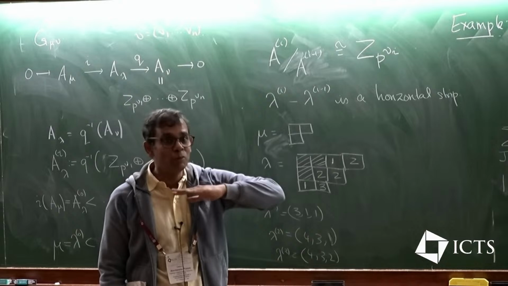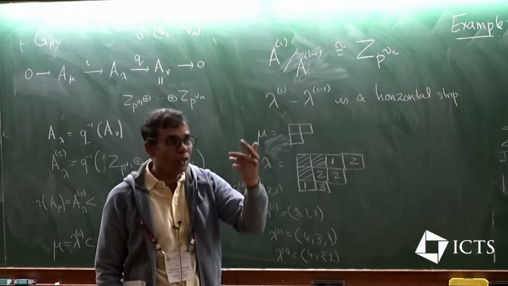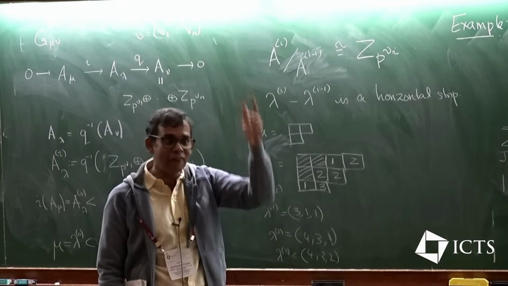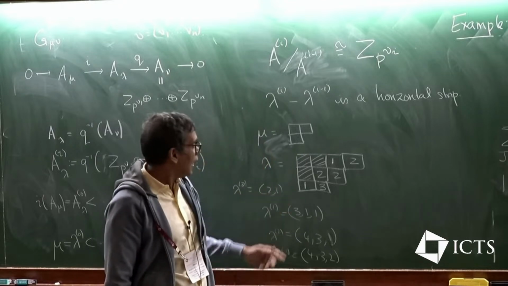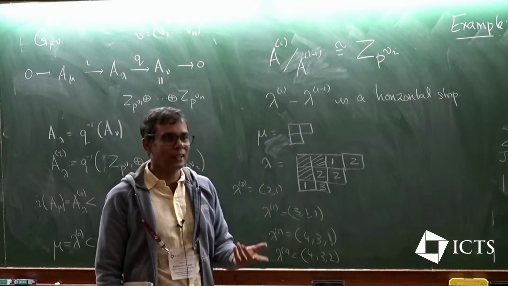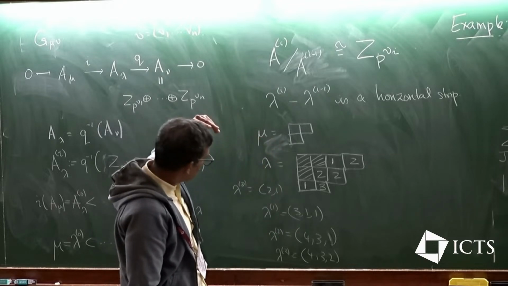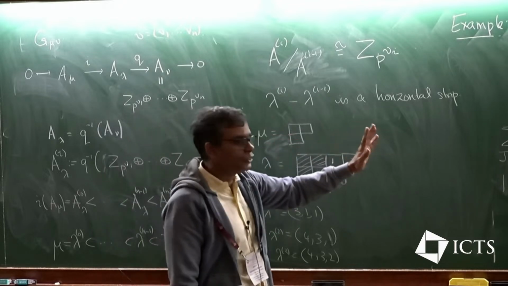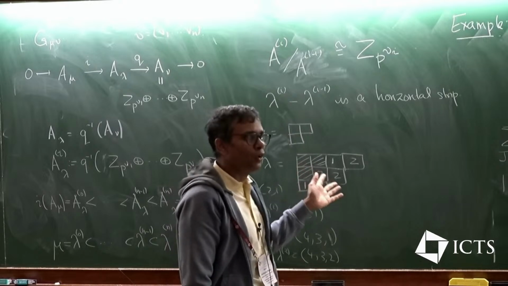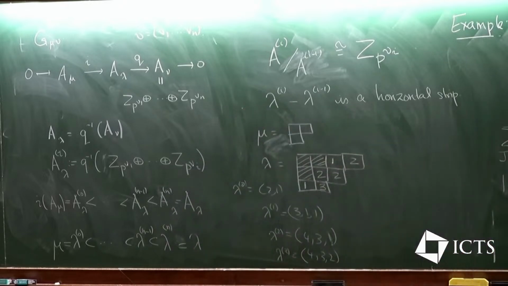You're not adding more than one I to each column. So the columns have to be strictly increasing, and that is where the idea of a semi-standard Young tableau comes from. So it's a chain of partitions in the containment order such that each subsequent difference is a horizontal strip.